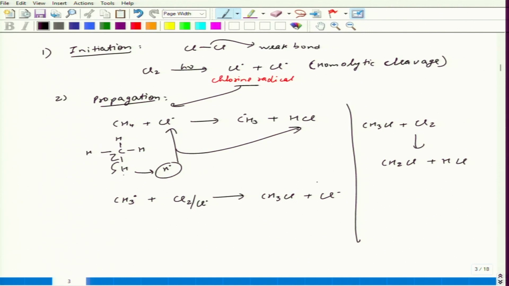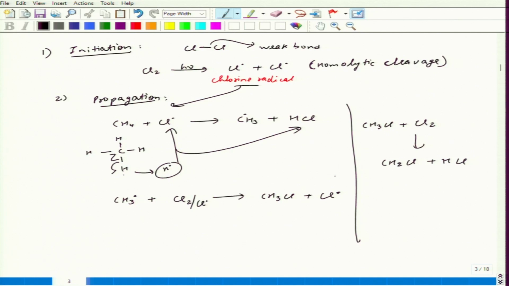This is the possibility. So, this is how the chain propagation, meaning the substitution, keeps on going, the hydrogens getting replaced by chlorine atoms in steps. The reaction may stop at one substitution, two substitutions, or it can go further up to the substitution of all the hydrogens by chlorine atoms. So, how to terminate this reaction?